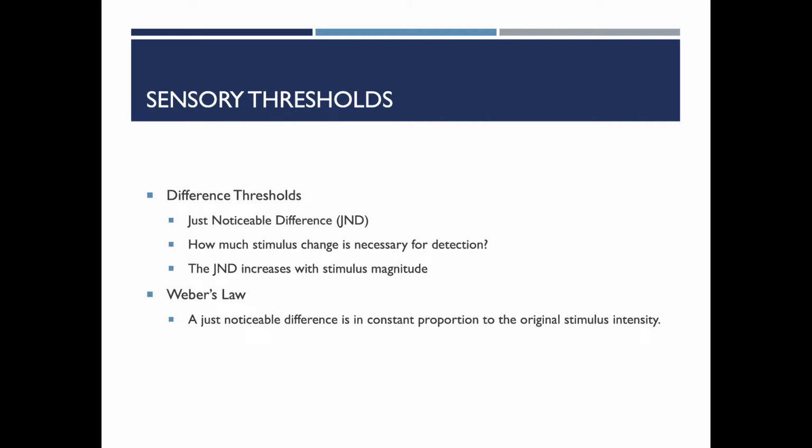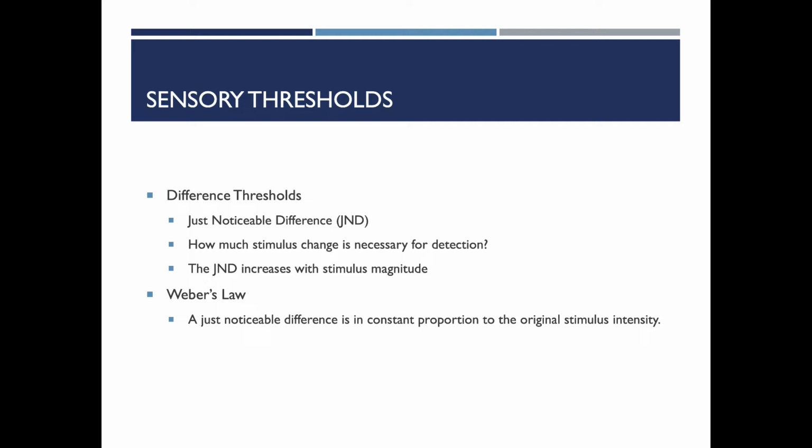Now, the second question is a question about difference thresholds, or the just noticeable difference. That is, how much of a stimulus change is necessary for detection. And there is a basic law about this, and there's not very many laws in science.